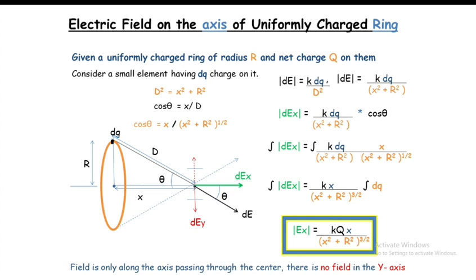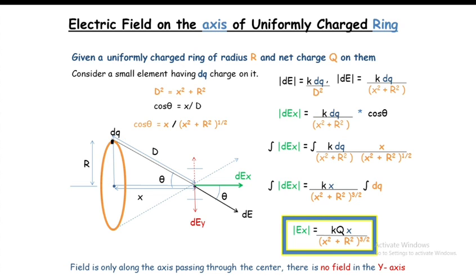No matter whatever the shape of this thing, either it is a ring or a regular polygon, the electric field will be maximum at r by root 2, where r is the distance from each charge.